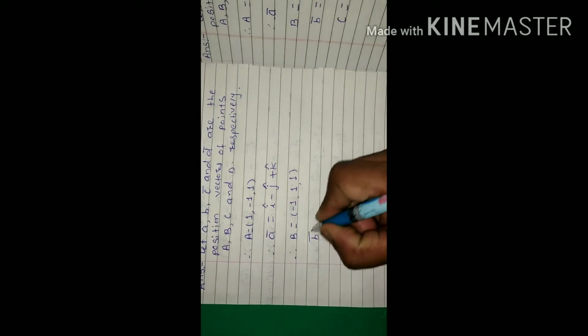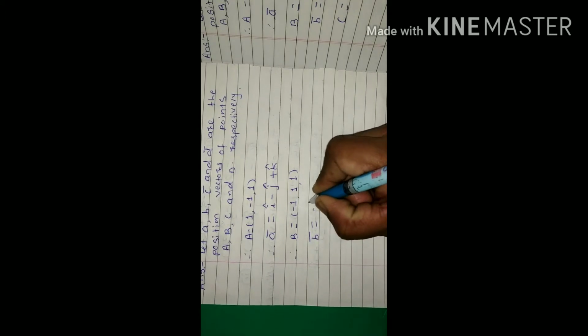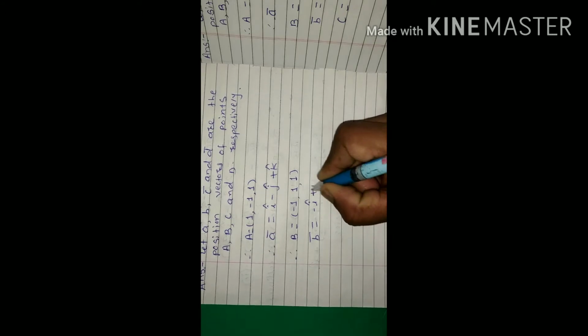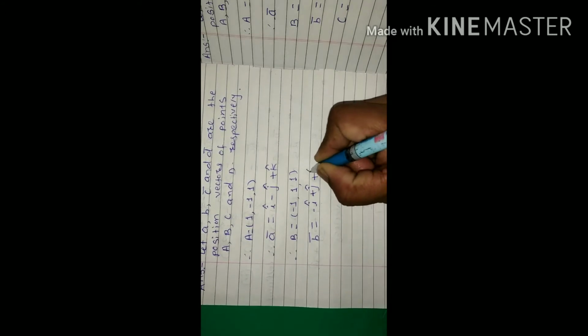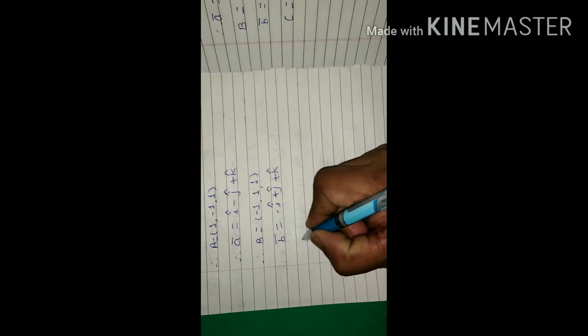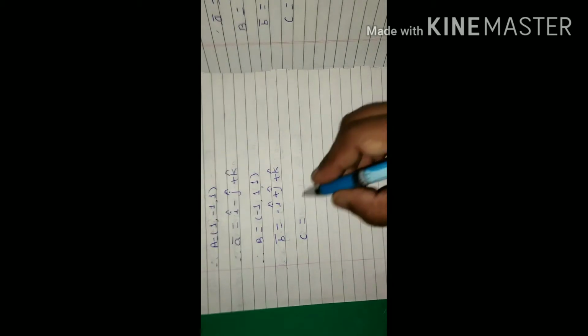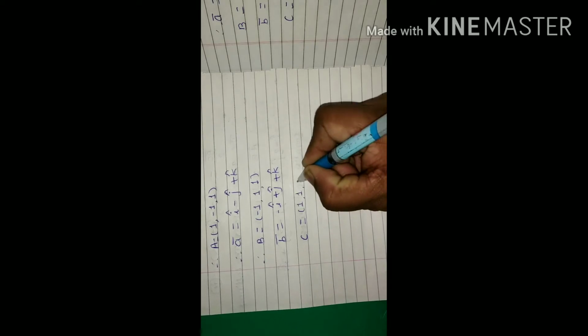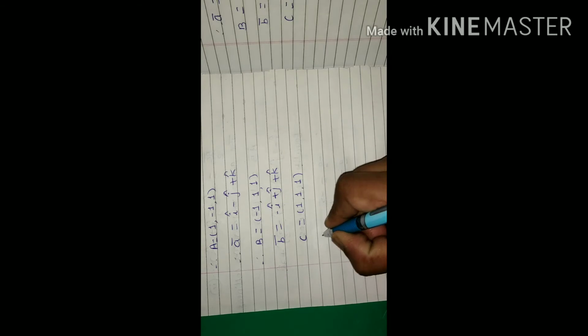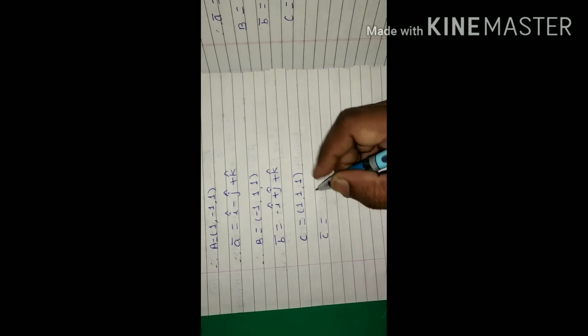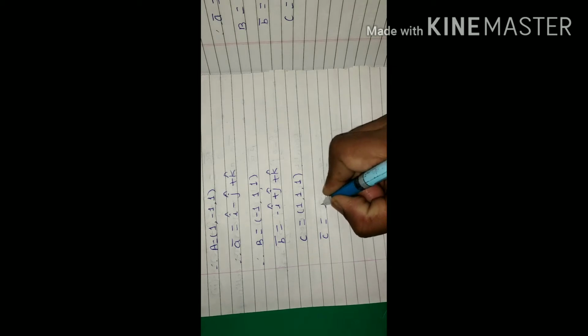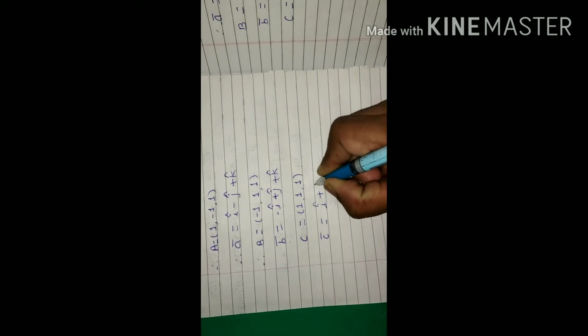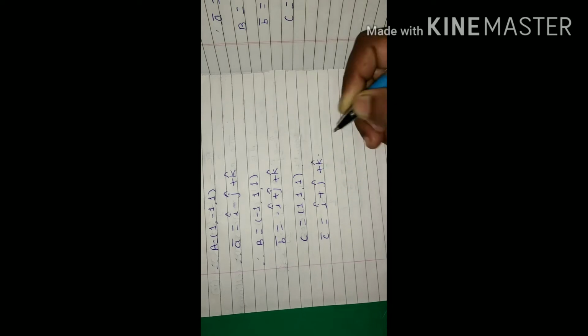Then point B is equal to -1, 1 and 1. Its position vector small b bar is equal to minus i cap plus j cap plus k cap. Then the third point C is equal to 1, 1 and 1. Therefore the position vector of C, that is c bar, is equal to i cap plus j cap plus k cap.